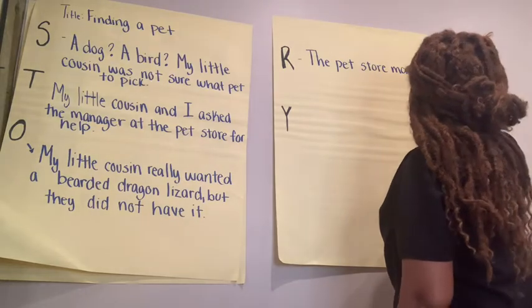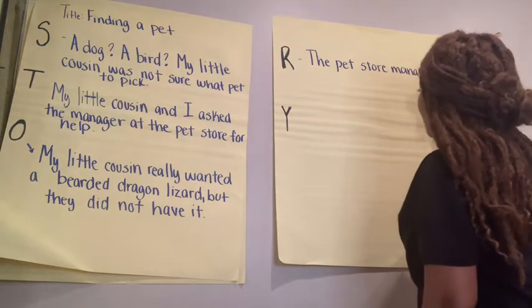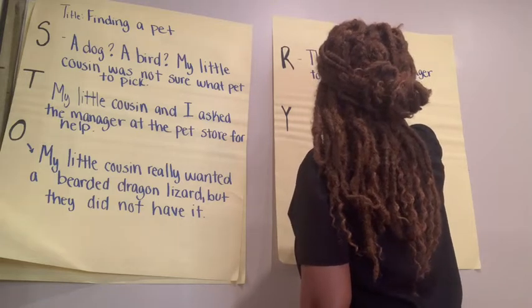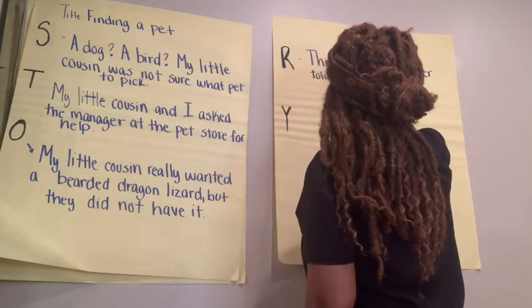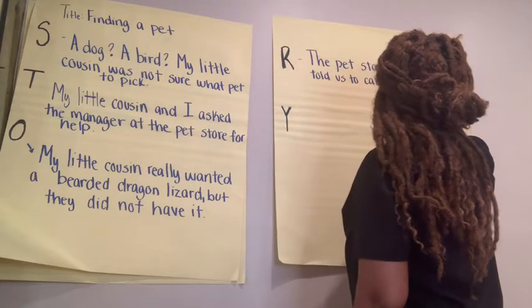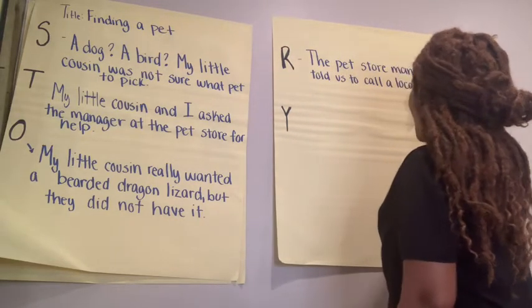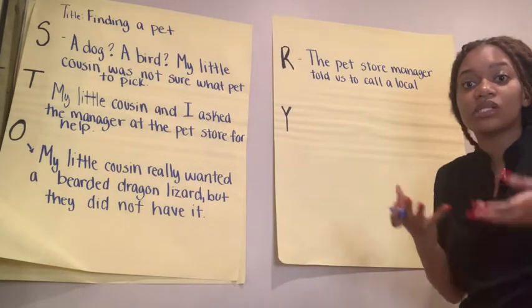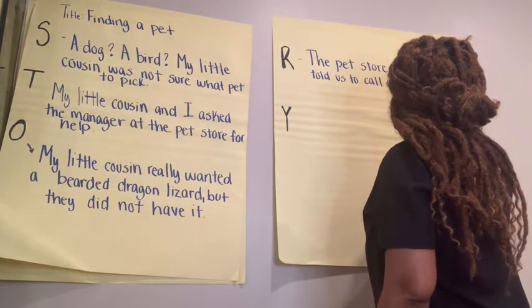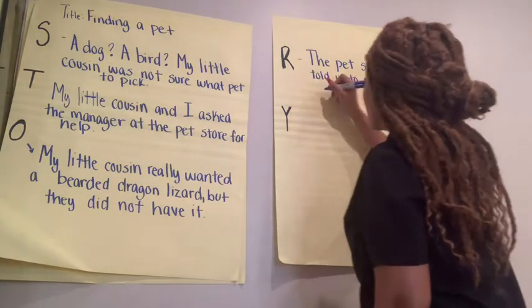A, ger, told us to call a local. Local means like nearby and in the area. Like if it's local something in Brooklyn, because that's where we live, you know, local pet store.